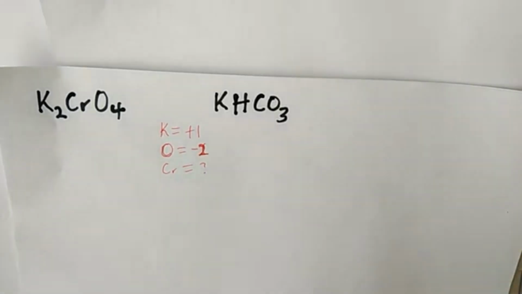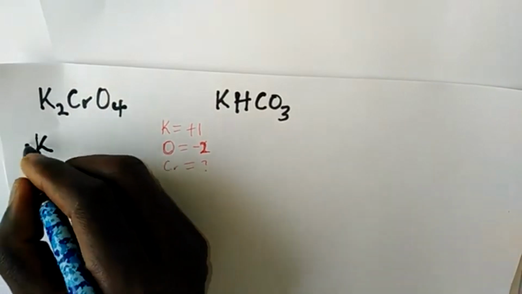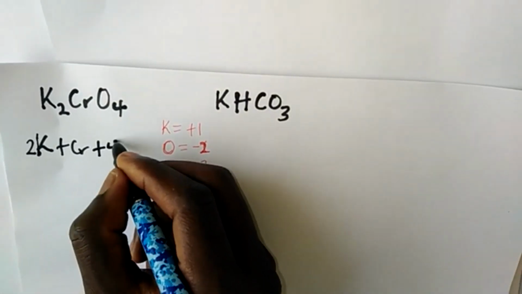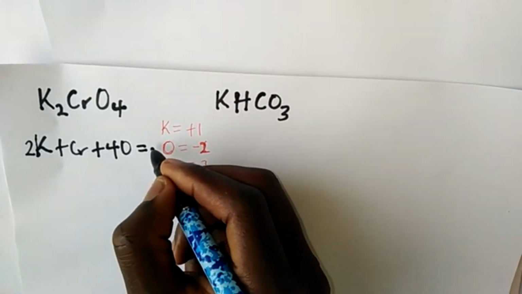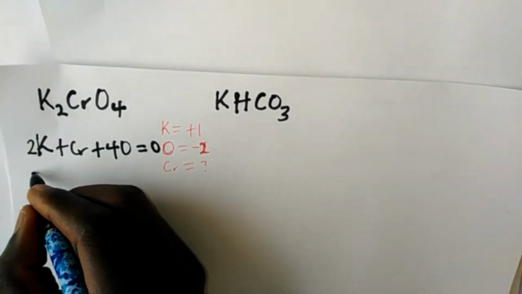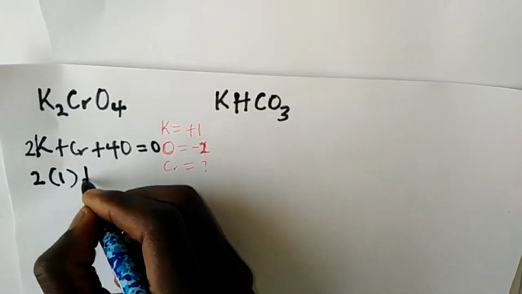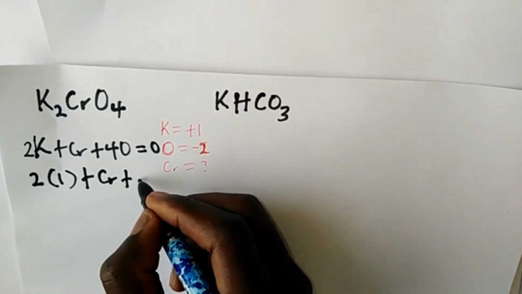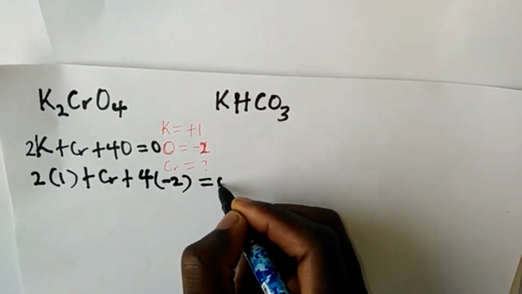Now, to do that, we say potassium 2K plus chromium plus 4O is equals to 0. Now we say 2 times 1 plus chromium plus 4 times -2 is equals to 0.